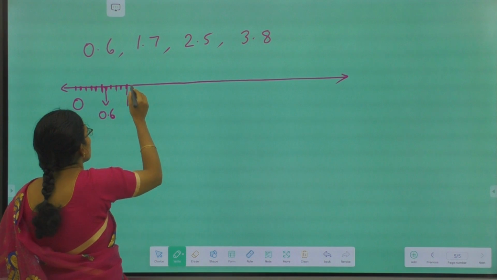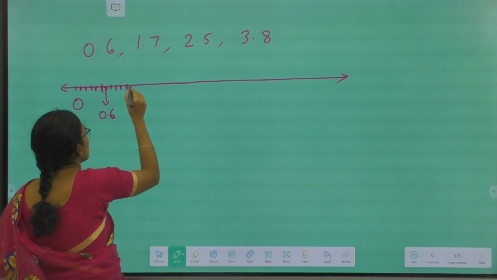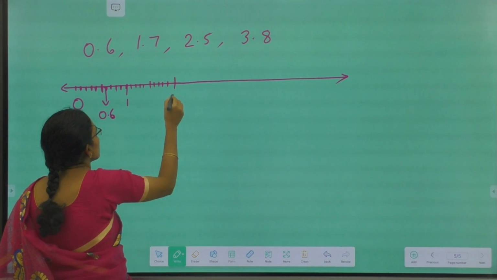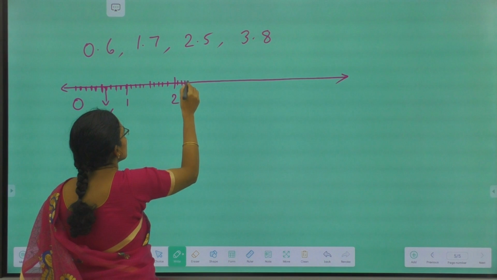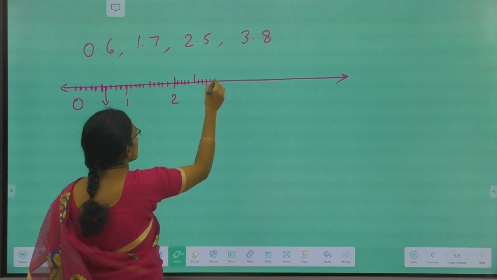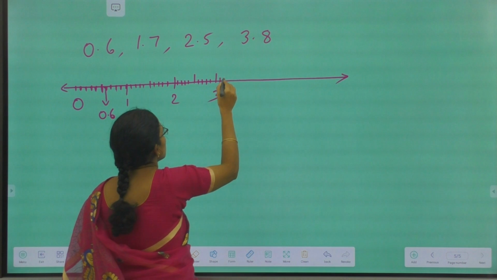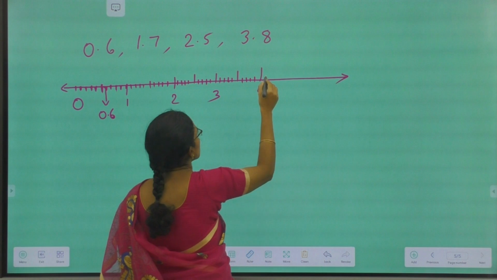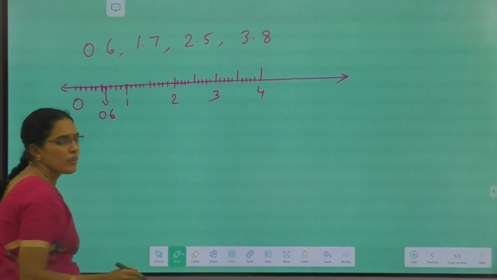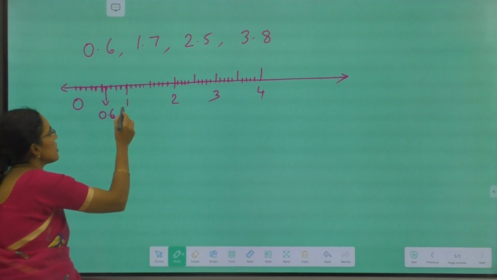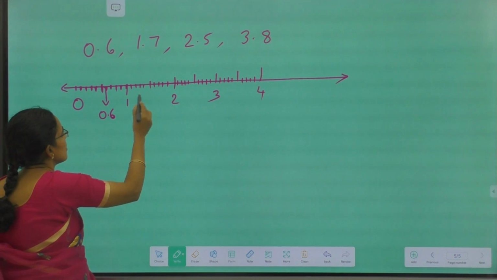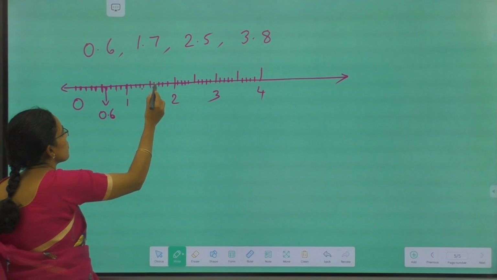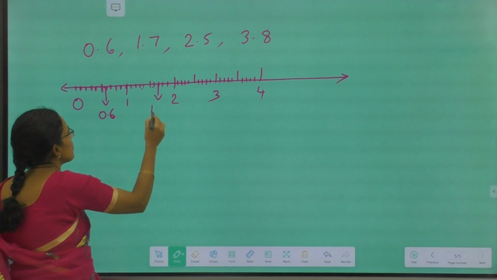Then if you want 1.7, in between 1 and 2 I am dividing again into 10 equal parts. Then in between 2 and 3, dividing again into 10 equal parts. Now if you want 1.7, it is 1 after the 7th small division: 1.1, 1.2, 1.3, 1.4, 1.5, 1.6, and this one is 1.7.